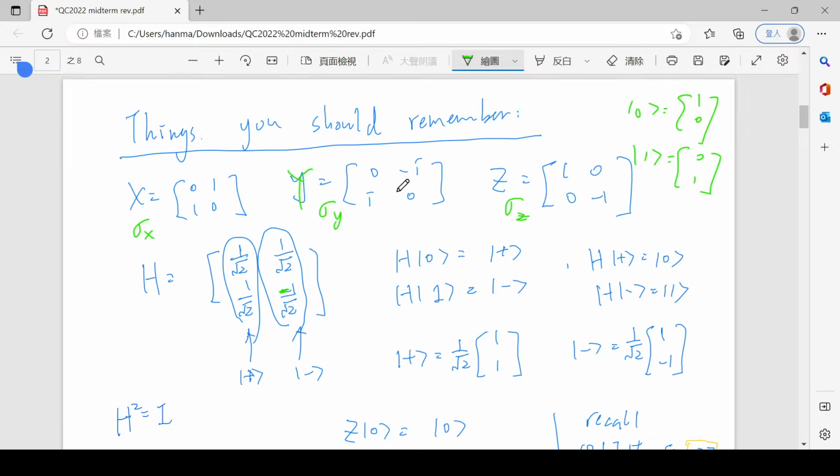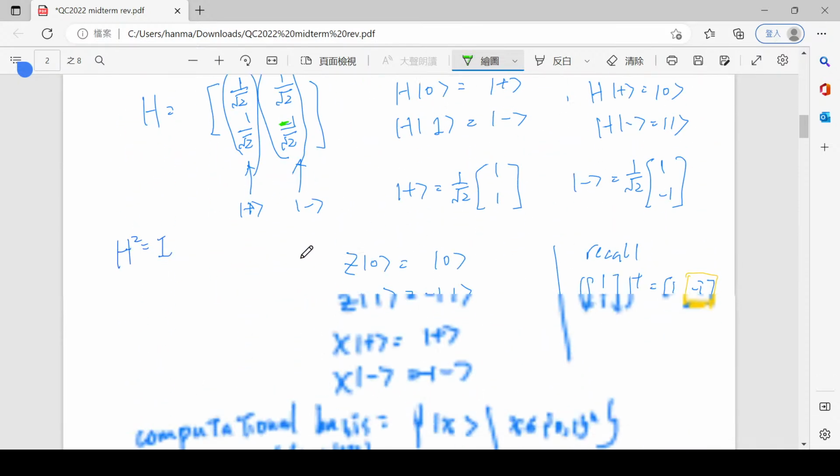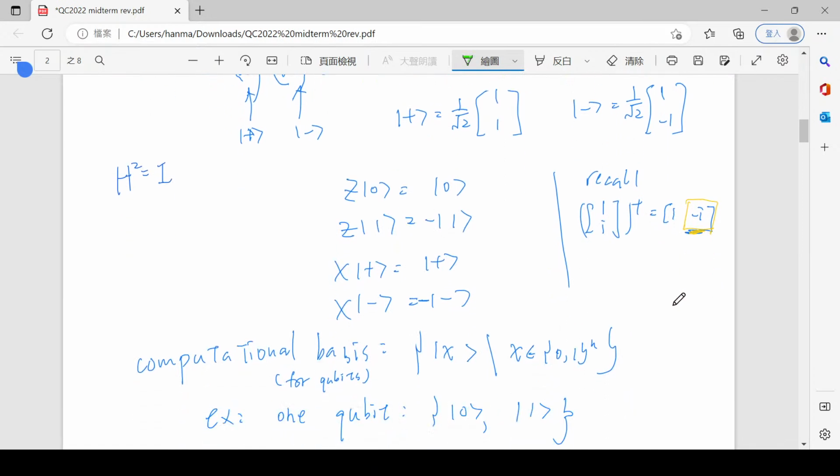So those are the Paulis and Hadamard. Also, we define this dagger notation. That's complex conjugate and transpose.